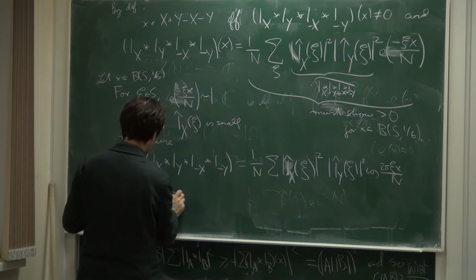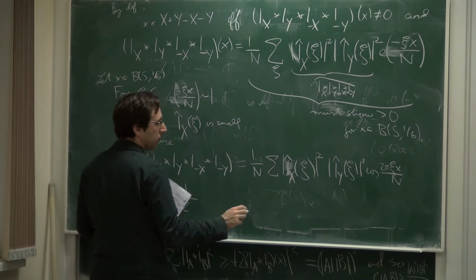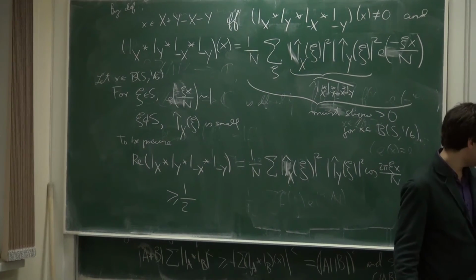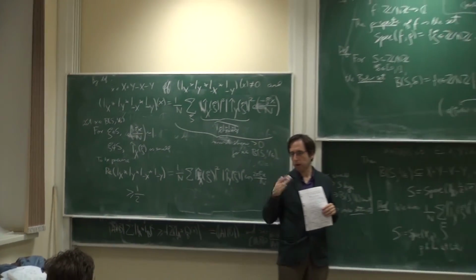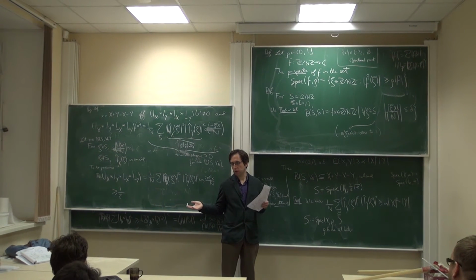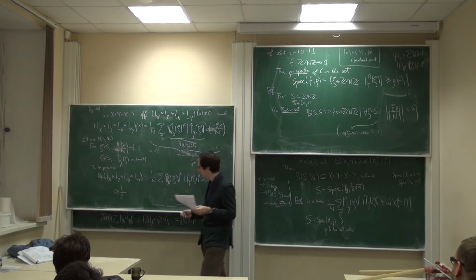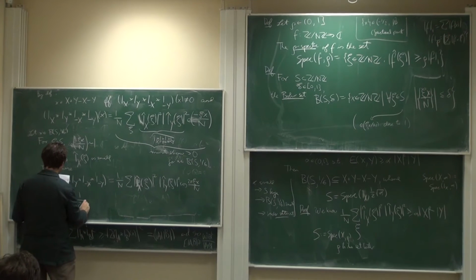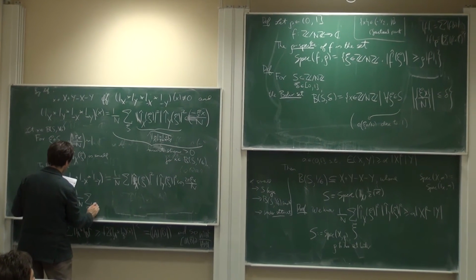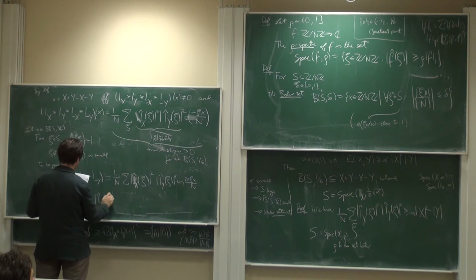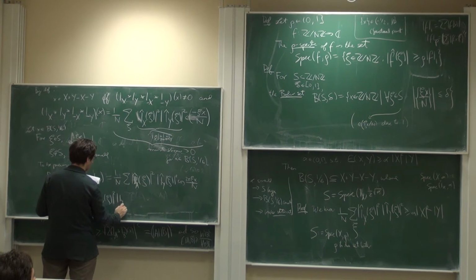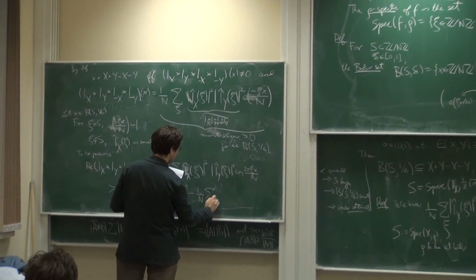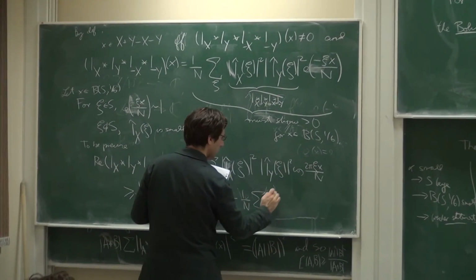And this is going to be greater than or equal to, well, you see, because this is in the Bohr set 1/6, then the angle is going to be at most pi over 3. Cosine of pi over 3 equals 1/2. It's just a conventional value. So when psi is in S, this is going to be at least 1/2. So I'm going to have this, and on the other hand, minus 1 over n for psi not in S. Same story.